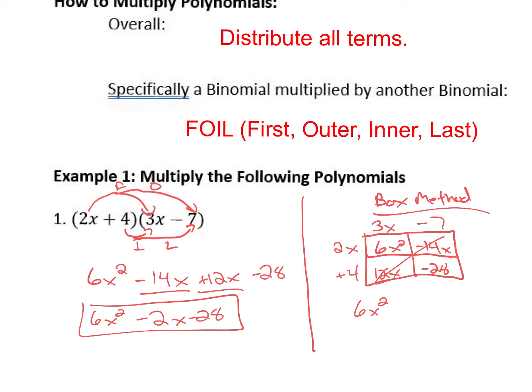We got some like terms down this way, so that's the negative 2x, and then we have the negative 28. So either way, both are pretty nice methods of solving. It's really a matter of which one you like the most. A lot of what I would recommend at this point is the box method, and I'll show you why in these next examples.